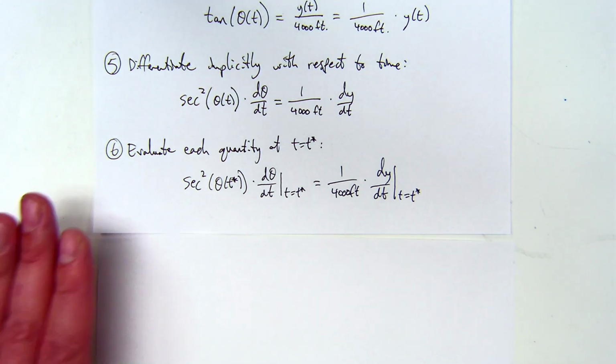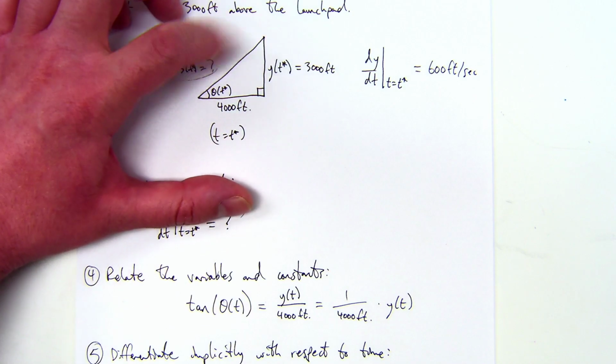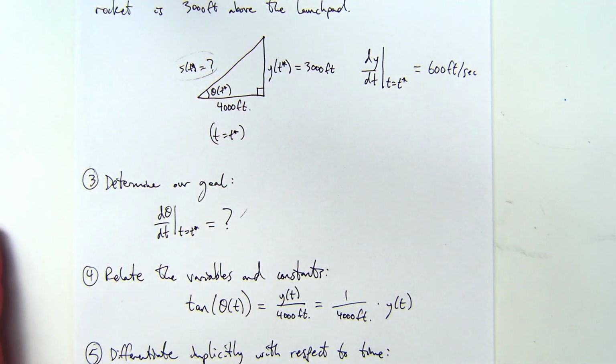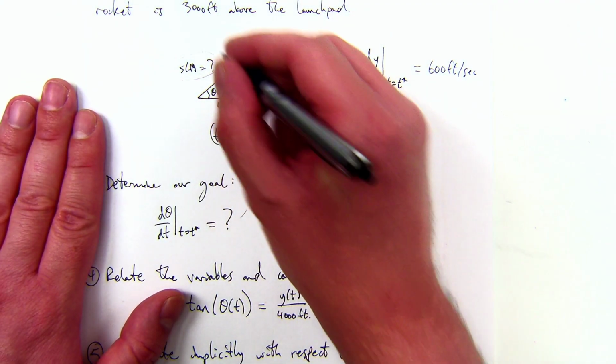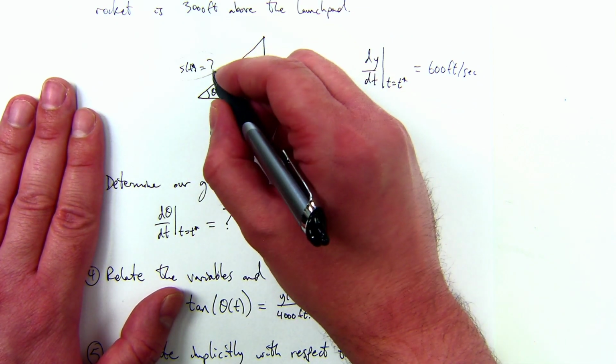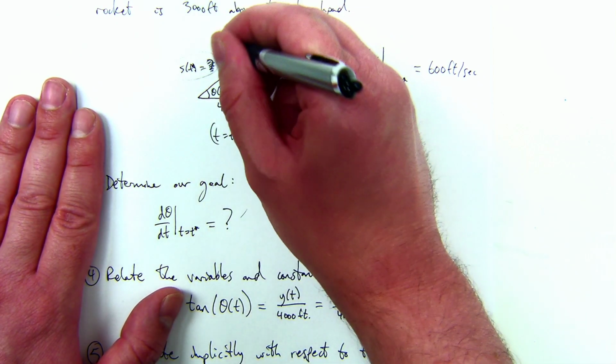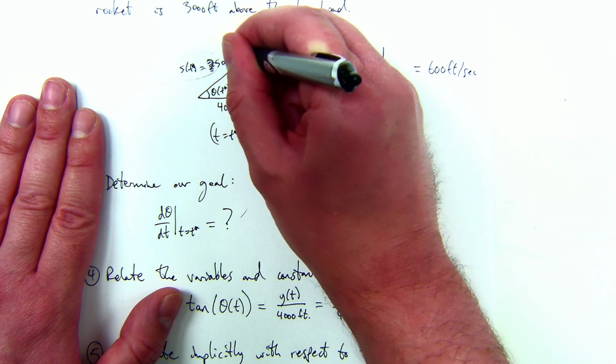We don't know the distance between the rocket and the camera, but this is actually a 3, 4, 5 right triangle, so using the Pythagorean theorem, we can identify that this is 5,000 feet.